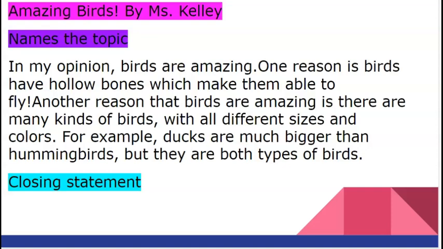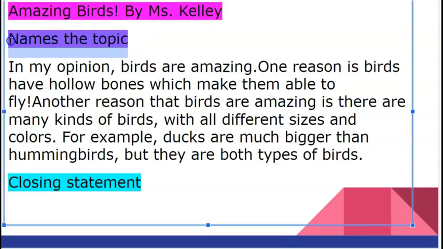I like to use a sentence stem, did you know, and I like to add something really interesting that would bring in the reader and make them excited about our writing. Something I found out about birds that I think is really interesting is there are over 10,000 types of birds. So that's what I'm going to add into my topic sentence to make that reader really excited.